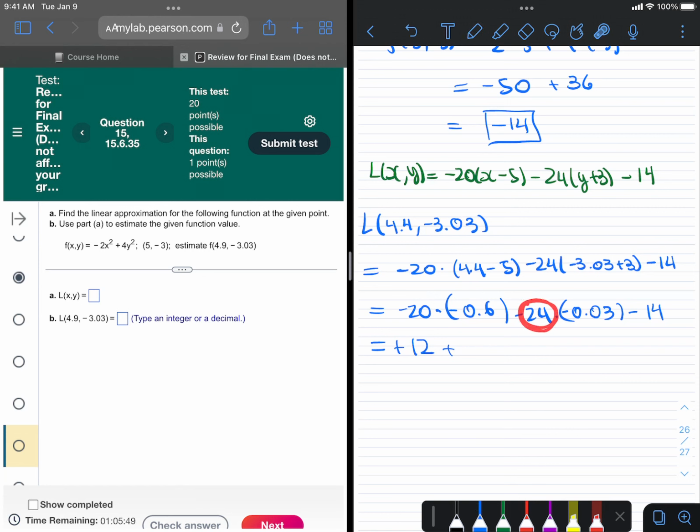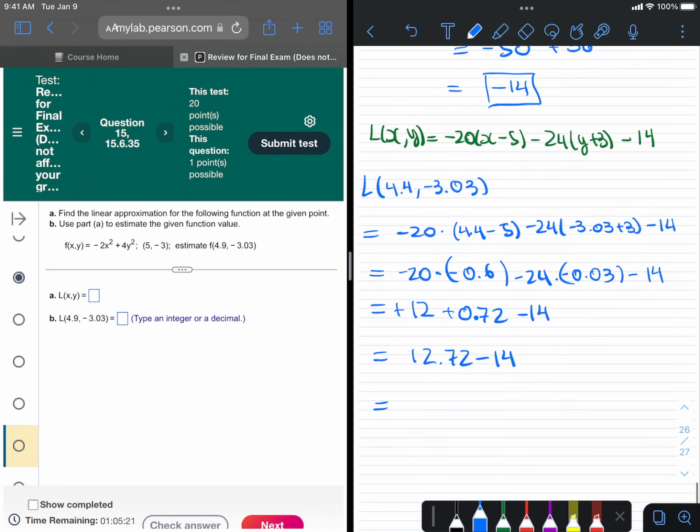It's going to be slightly different. You can multiply 24 by 3. That's pretty simple to do as well. 20 times 3 is 60, and 4 times 3 is 12, so that's a 72. But with 2 decimal places, so that's a 0.72 minus a 14. So that is a 12.72 minus 14.